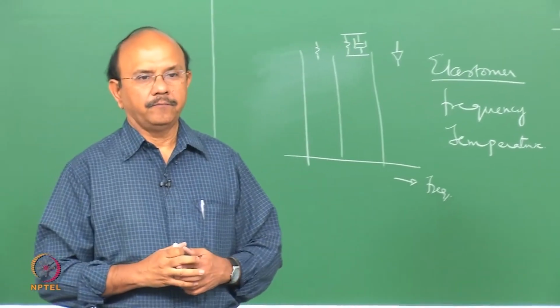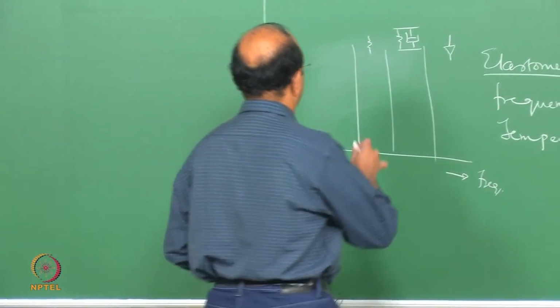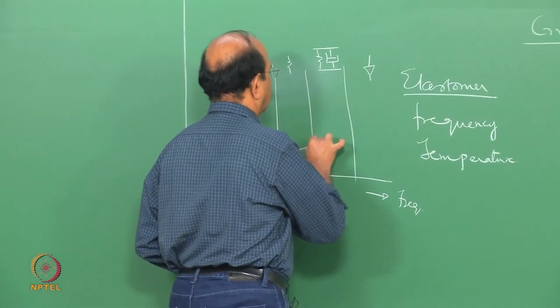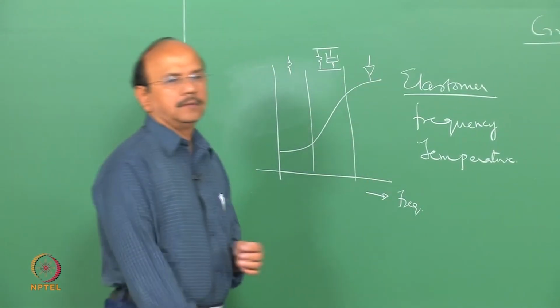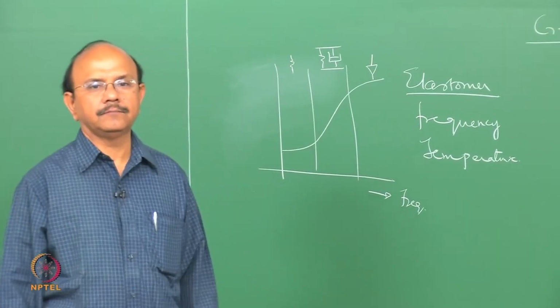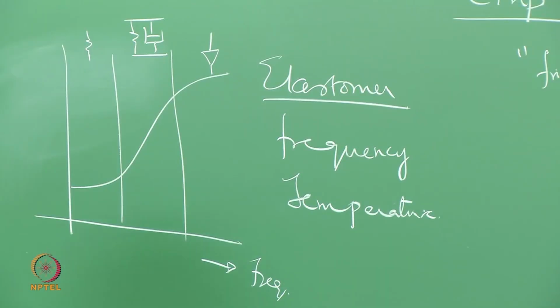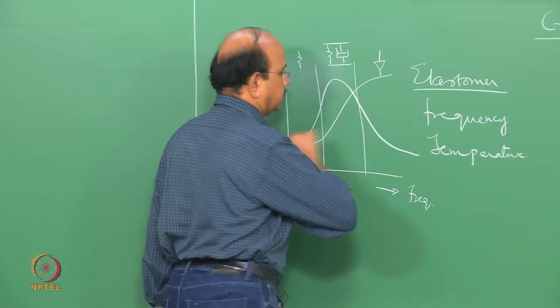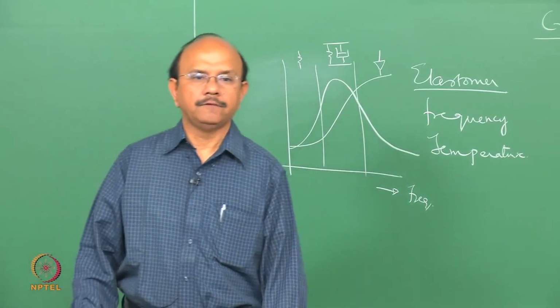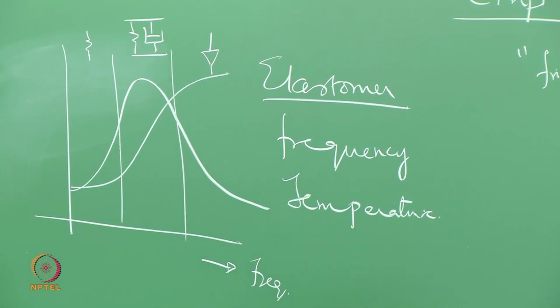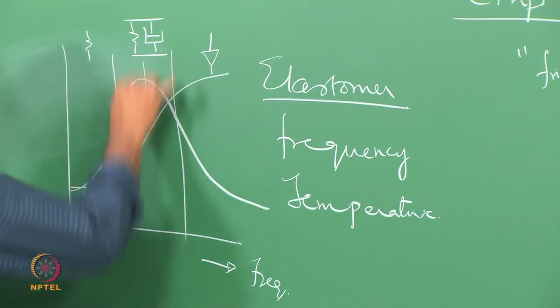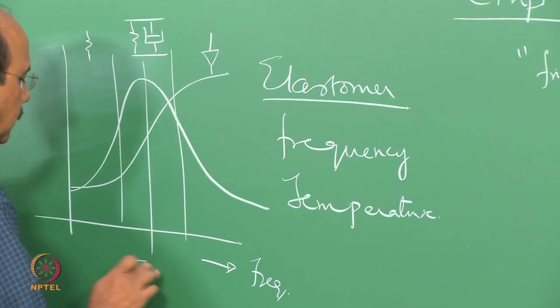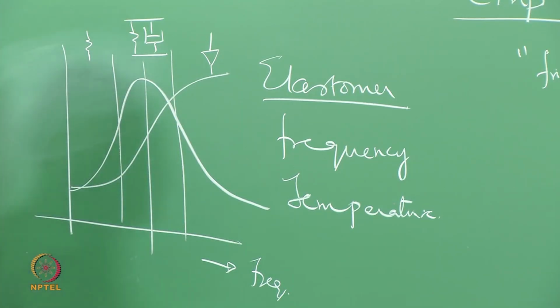the viscoelastic part. We said that the graph for the modulus goes like that, and because there is a viscoelastic part at the center, if I now plot the energy that is consumed due to deformations, then it would go something like that. This, we said, corresponds to the glass transition temperature.